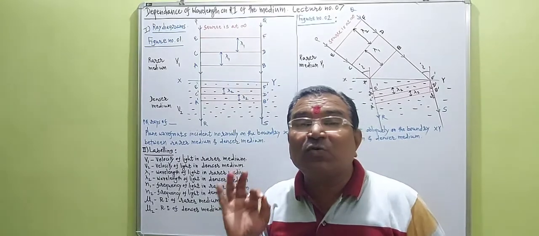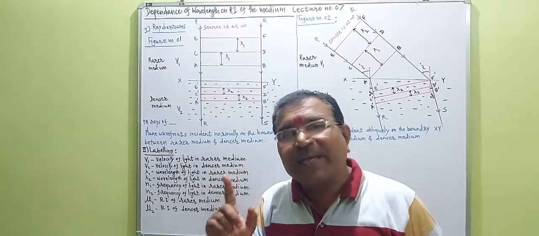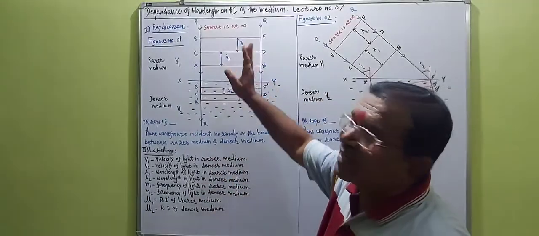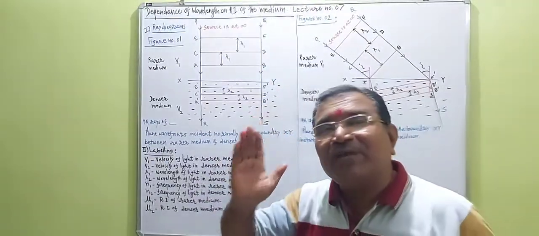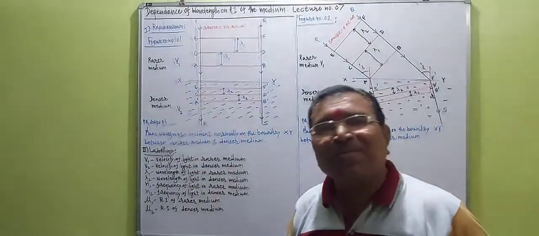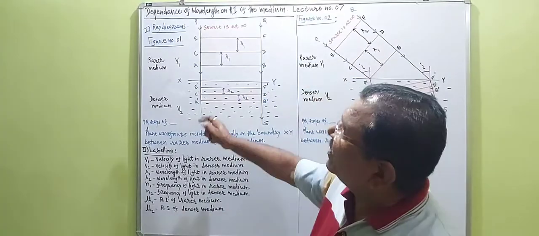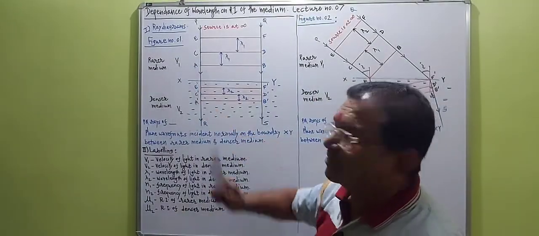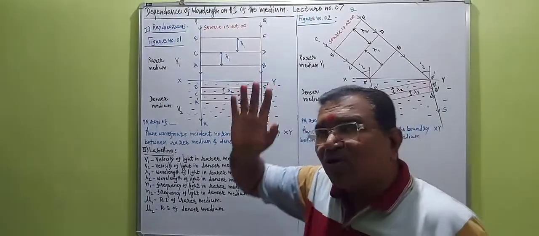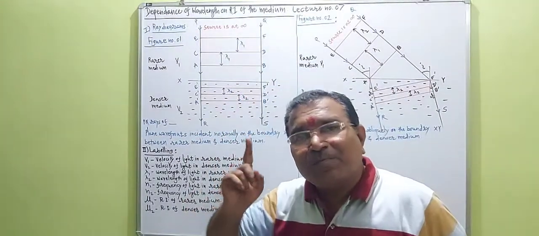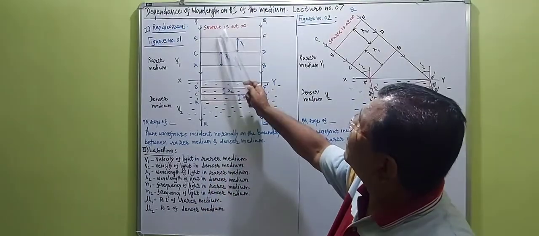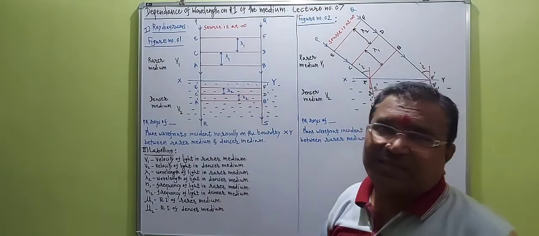Distance between two successive plane wavefronts is lambda 1. That is the wavelength of light in rarer medium having velocity v1, and we already know a plane wavefront is formed when the source is at infinity.